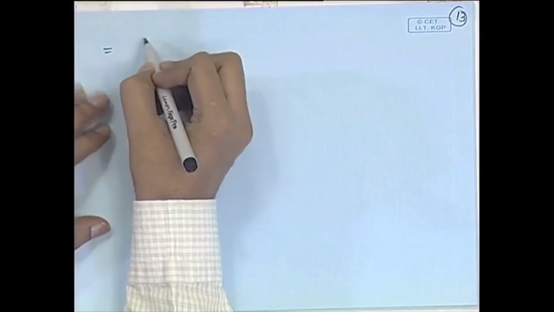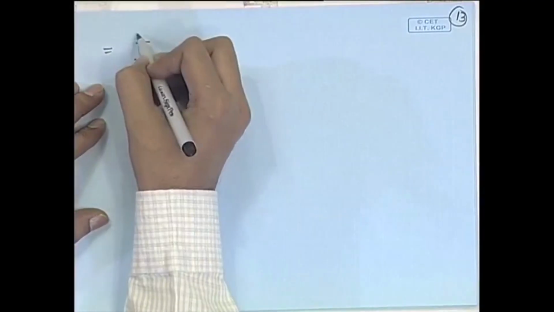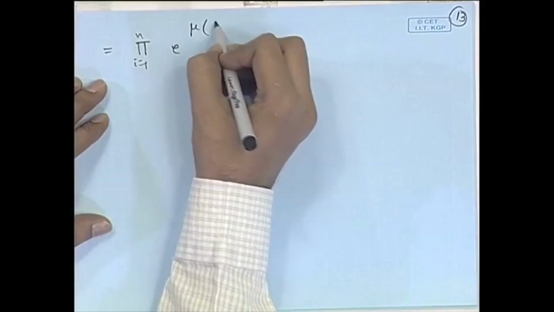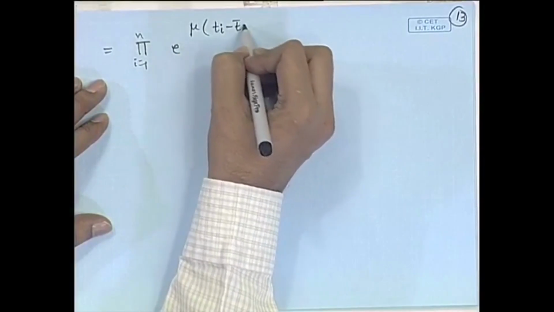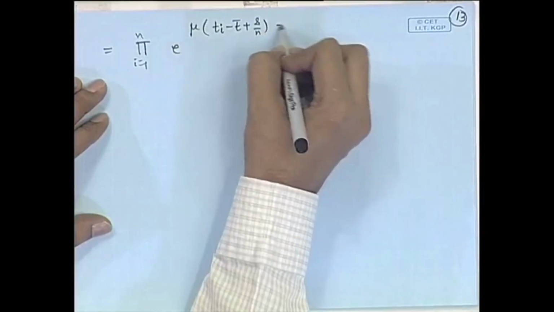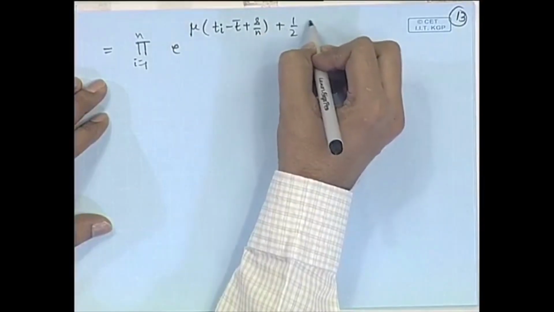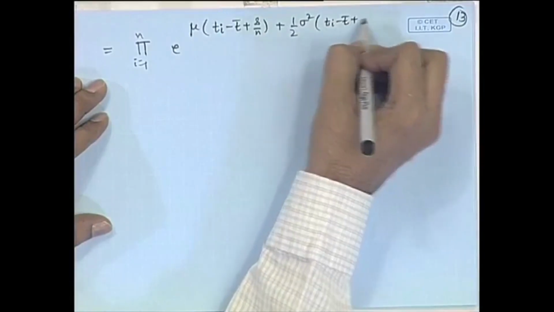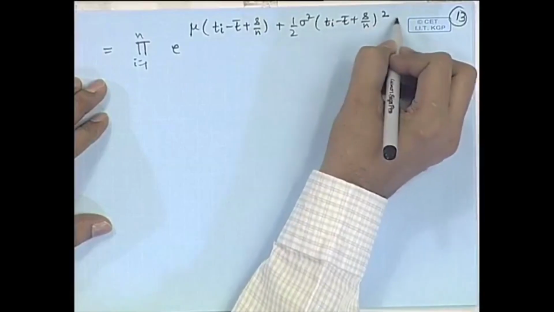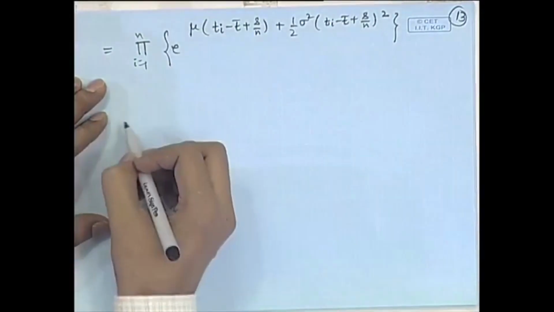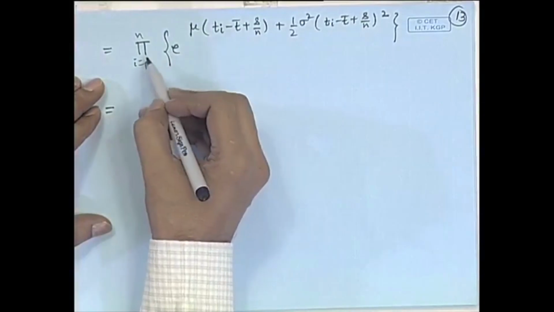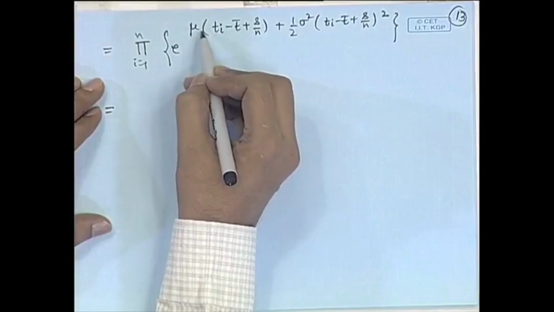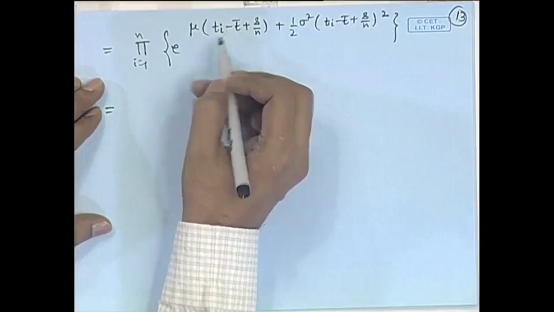That is equal to the product over i equal to 1 to n of e to the power mu (t_i minus t bar plus s by n) plus half sigma square (t_i minus t bar plus s by n) whole square. So, now if we apply this product here, e to the power sigma mu (t_i minus t bar) becomes 0.